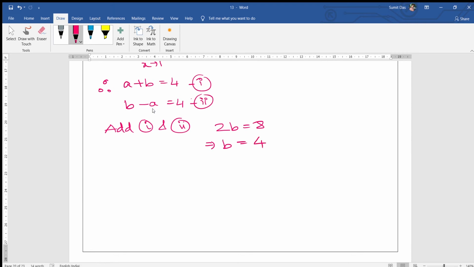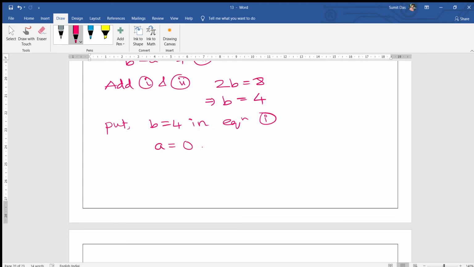Put b equal to 4 in equation 1, and we will get a equal to 0. So we already got the values of a and b, which is what we had to find. Look at the question: what are the possible values of a and b? That was the question.